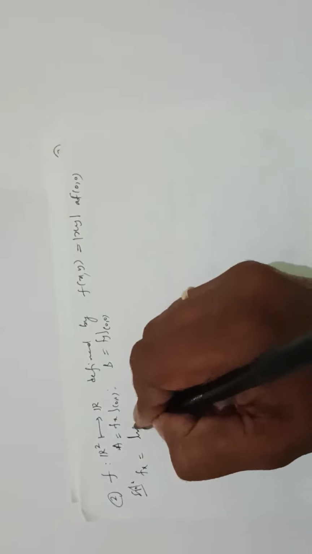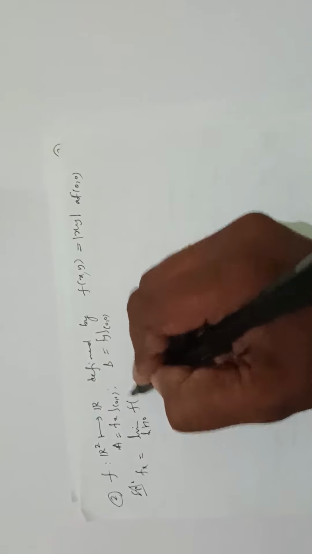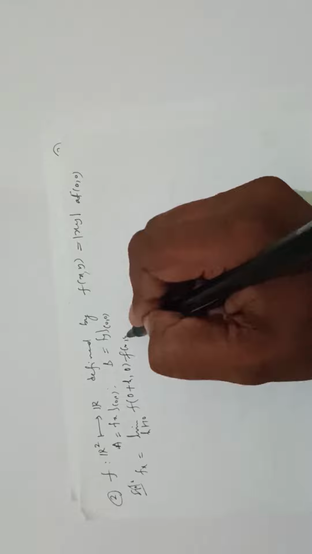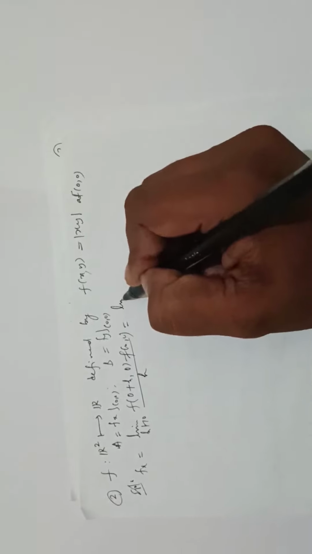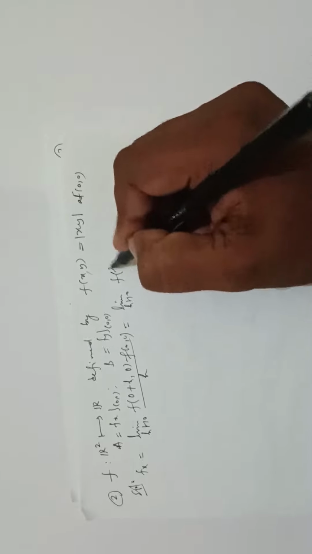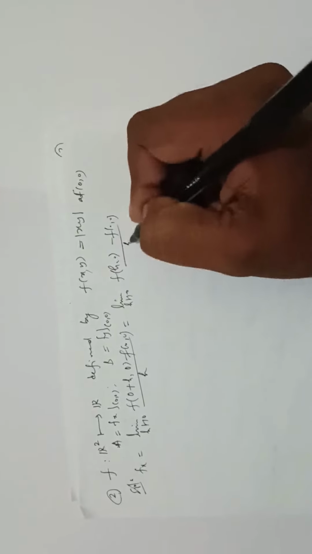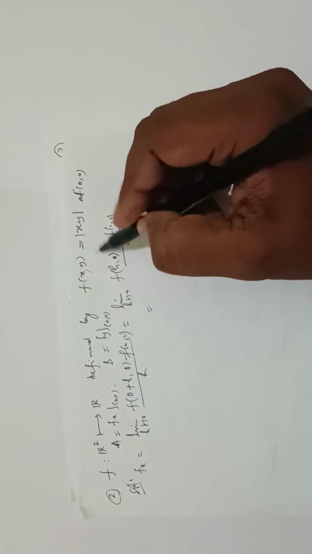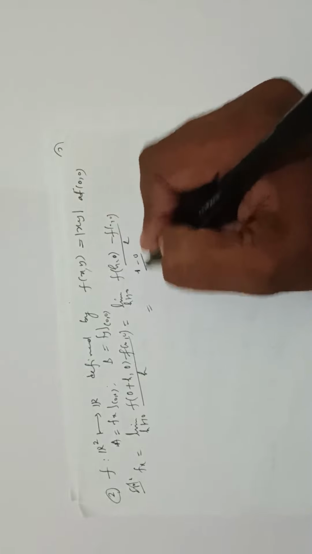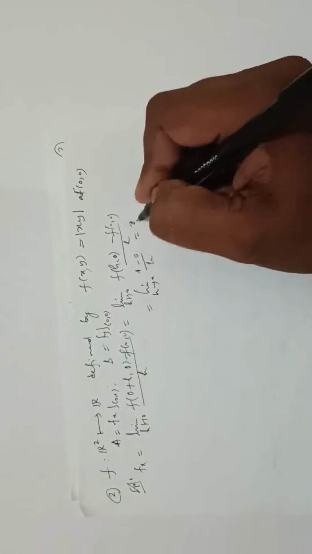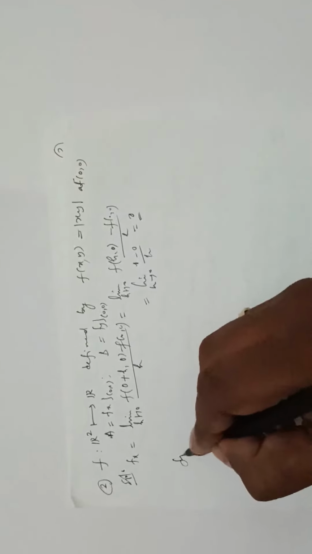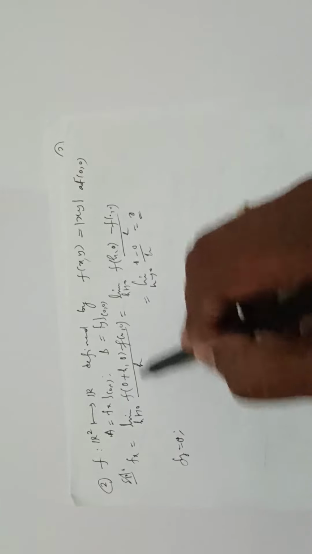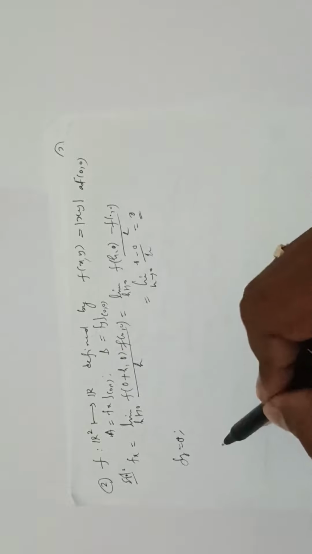Fx is limit as h tending to 0, f of 0 plus h comma 0 minus f of 0 comma 0 by h. See, f of 0 comma 0 is 0, so f of h comma 0 is also 0. So 0 minus 0 by h, so it is 0. Similarly, fy is also 0. So if the partial derivative is 0 at 0 comma 0, again it is 0. So a is 0 and b is 0.